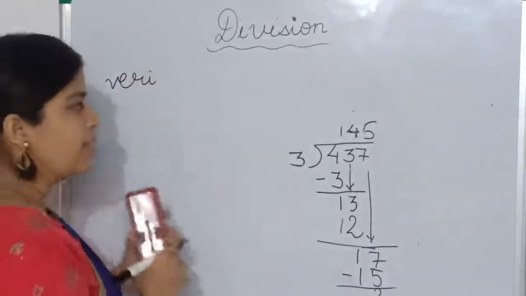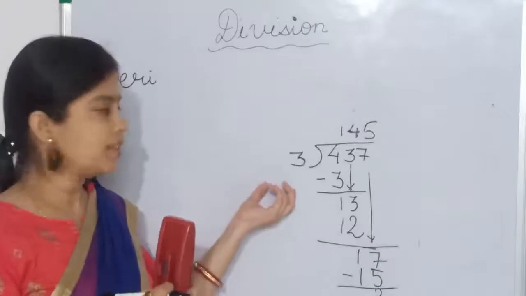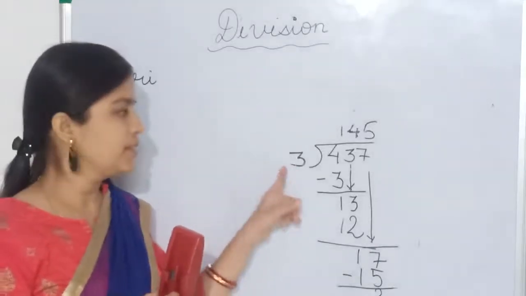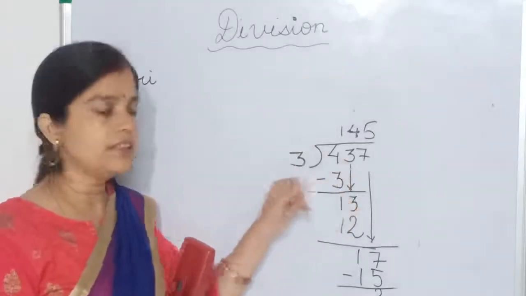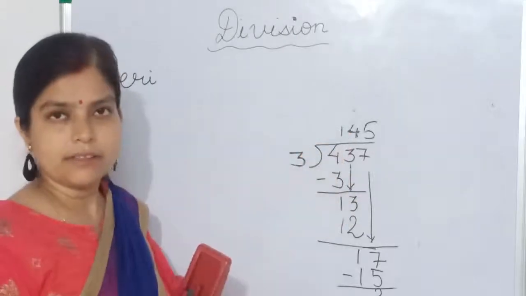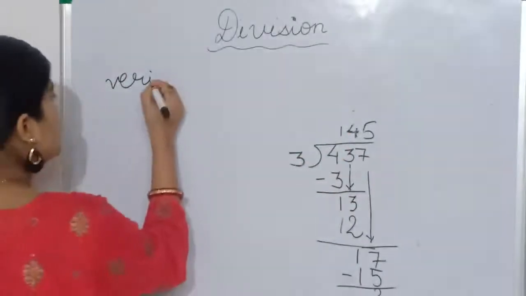Now you know the names of the terms. This is known as divisor, this is known as dividend, quotient and then remainder. So here is the formula.